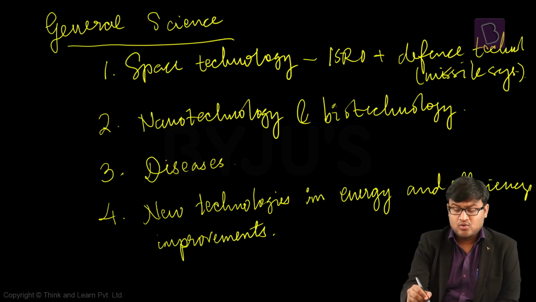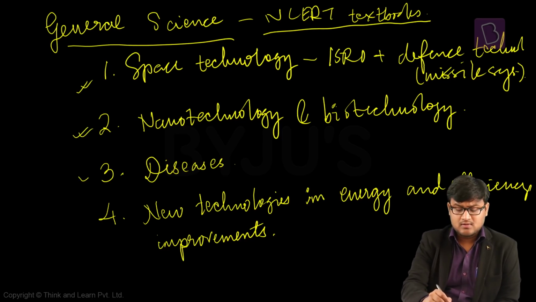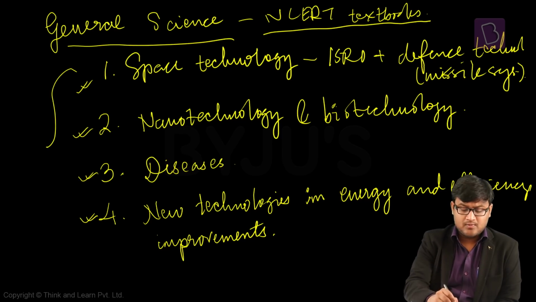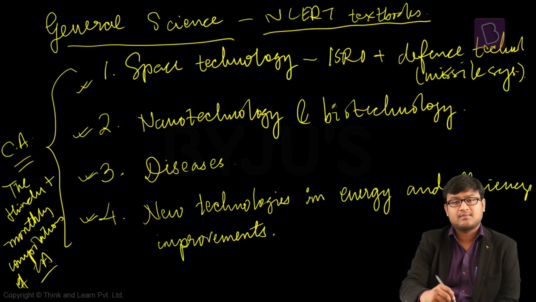Usually people follow NCERT textbooks for this, but it is not really necessary. What you can do is follow these topics from current affairs like The Hindu newspaper plus monthly compilations of current affairs that are available in the market.